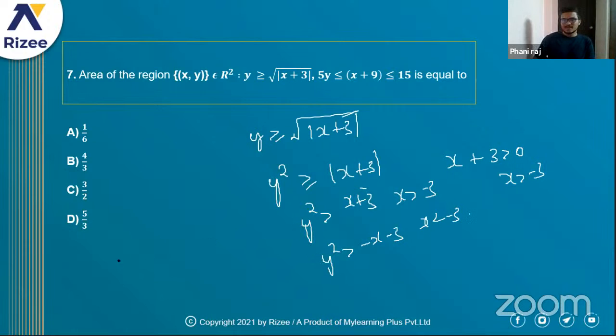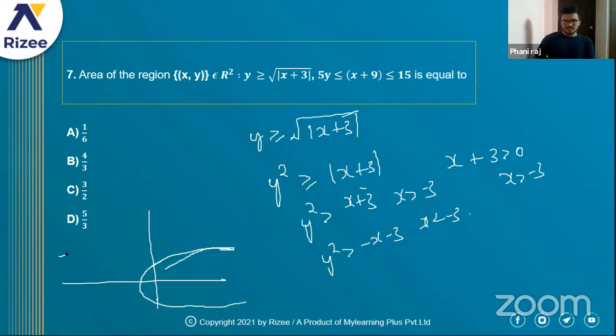This is one graph. So how does the graph look like? y² equals 4ax is something. y² equal to x minus 3 means what? At x equal to 0, y must be equal to 3. At x equal to -3, this is how it looks. At x equal to 0, y² cannot be -3.